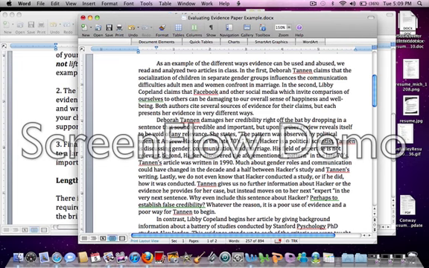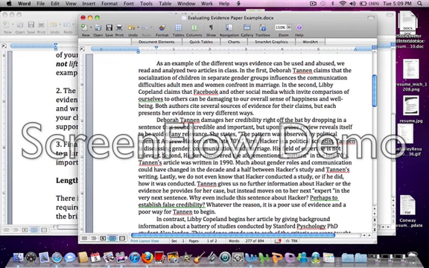Second, Hacker discovered the aforementioned pattern in the late 70s. Tannen's article was written in 1990. Much about gender roles and communication could have changed in the decade and a half between Hacker's study and Tannen's writing. Lastly, we do not even know that Hacker conducted a study, or if he did, how it was conducted. Tannen gives us no further information about Hacker or the evidence he provides for her case, but instead moves on to her next expert in the very next sentence.